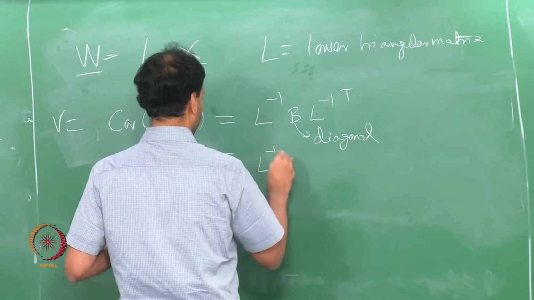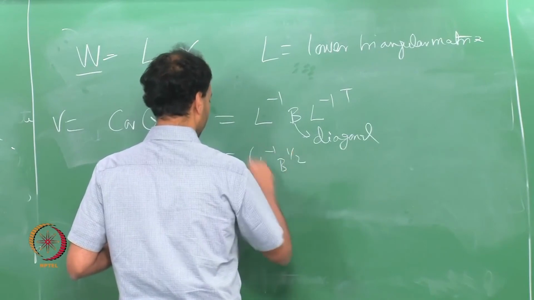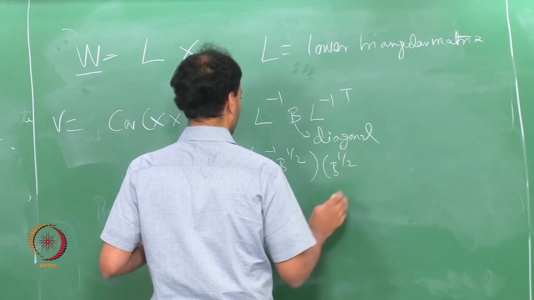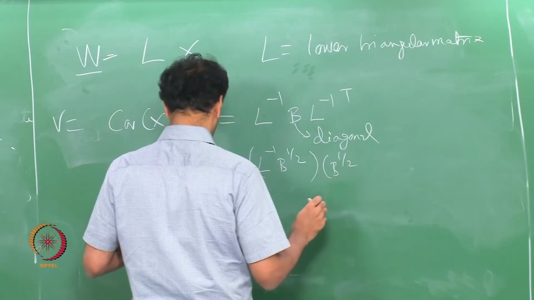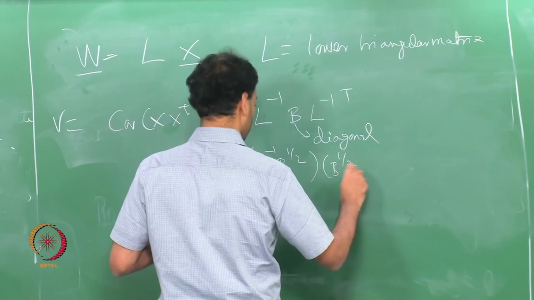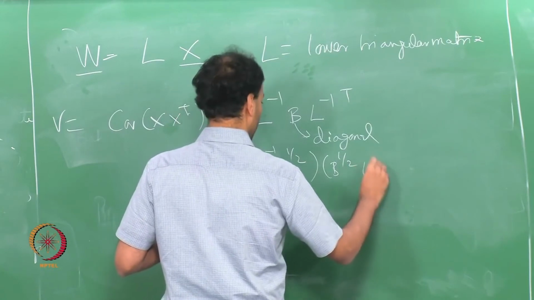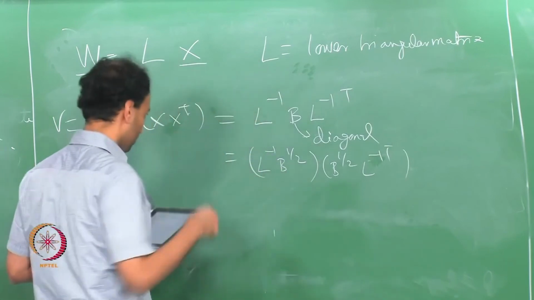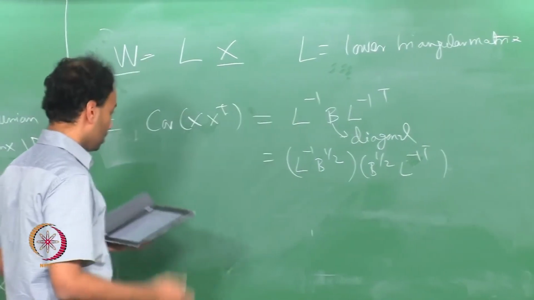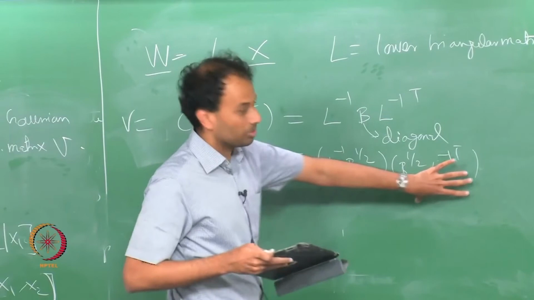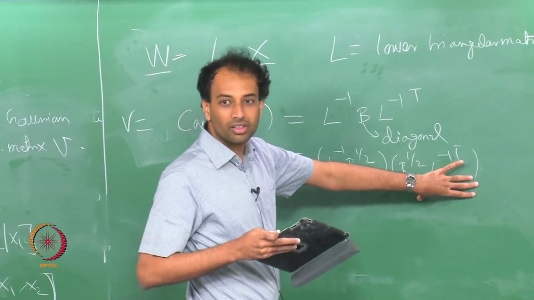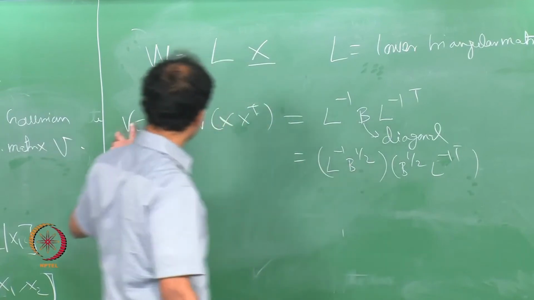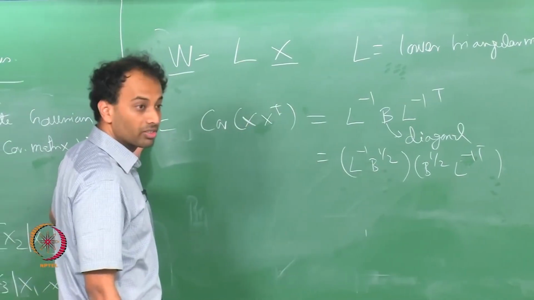So, you can write this as L inverse B to the half, B to the half L inverse transpose. So, this will be a lower triangular matrix, this will be an upper triangular matrix, okay. And so, this is like a triangular square root of your covariance matrix, okay.